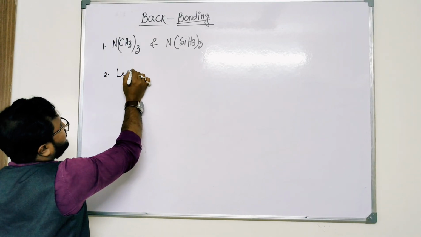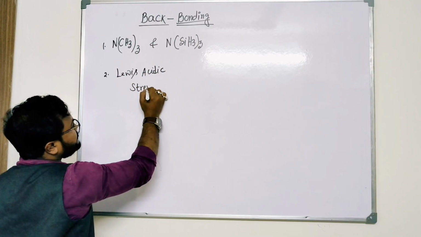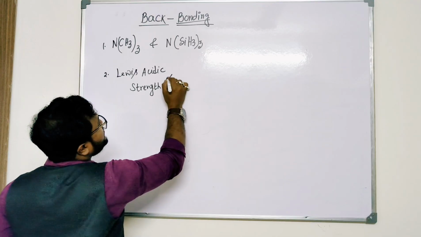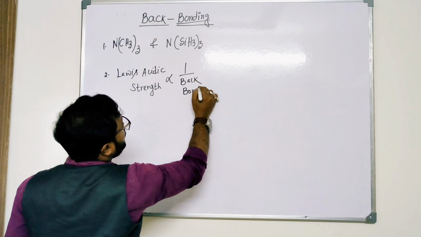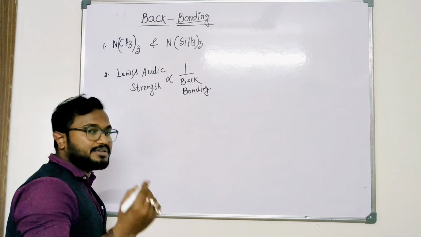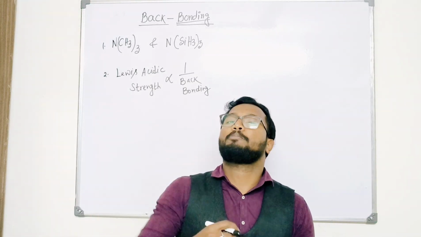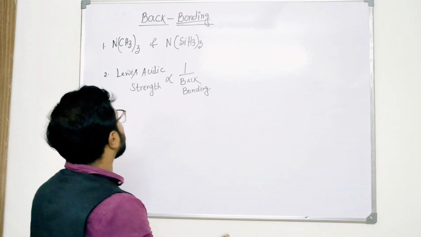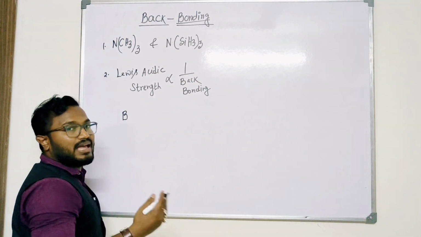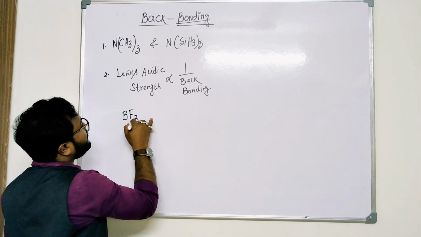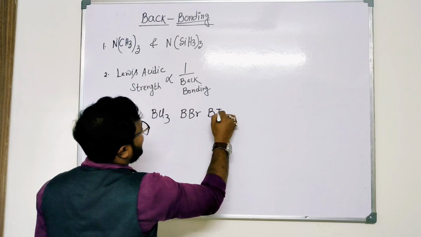Lewis acidic strength is proportional to 1 by back bonding. What is Lewis acidic strength? What is the Lewis acid? Any substance that is capable of taking lone pair, that is the Lewis acid. If we compare in case of BX3 molecules, boron trihalides molecules, let us consider BF3, BCl3, BBr3 and BI3.